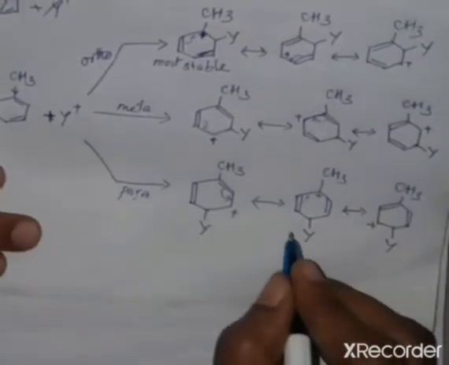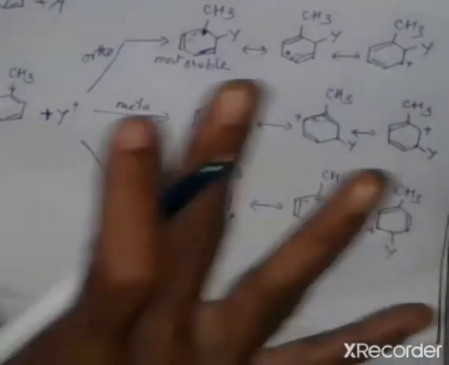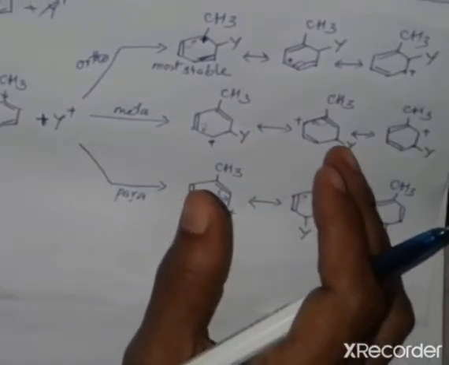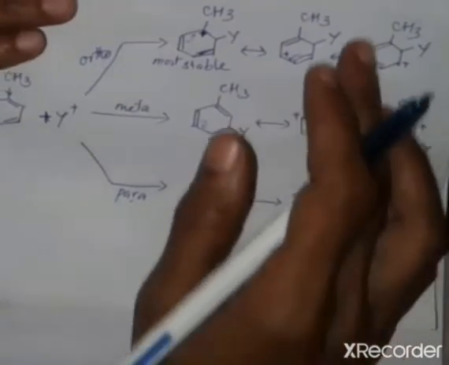Then, comparing the stability of the carbocations, a carbocation is stabilized when the positive charge density is less. If there are two carbocations, one with less positive charge density and the other with higher positive charge density, the carbocation with less positive charge density is more stable.